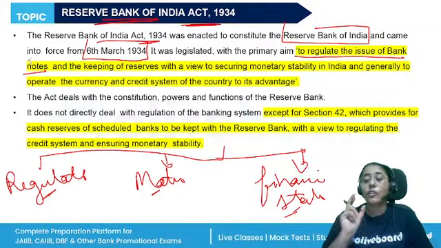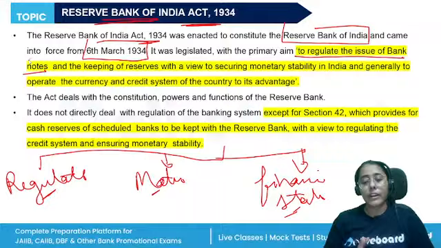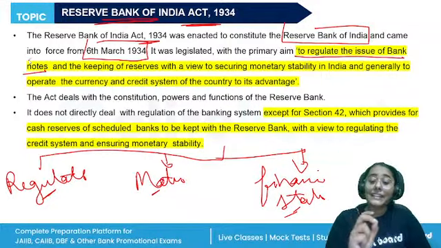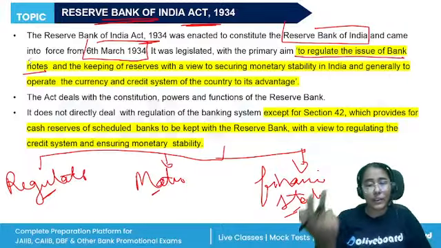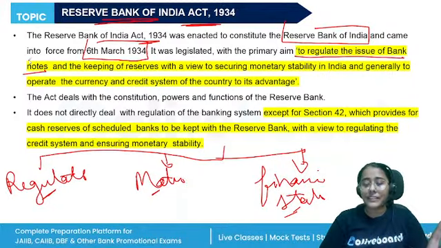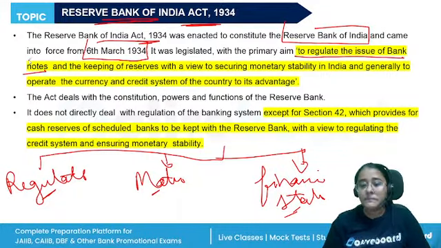RBI has the sole authority of issuing banknotes. No other authority is allowed to print currency notes. I say currency notes, not the whole currency, because coins and the rupee one note are kept with the central government, right?